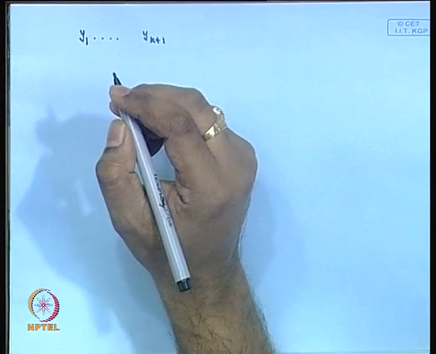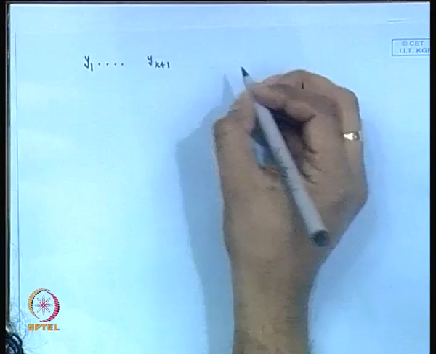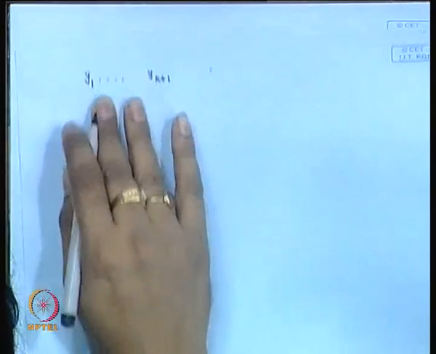Now assume that you have been able to find a collision for the hash function. Okay, so what does it mean? It means that you have found two values.